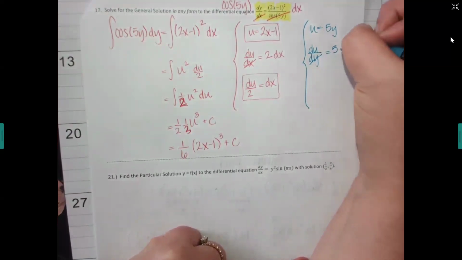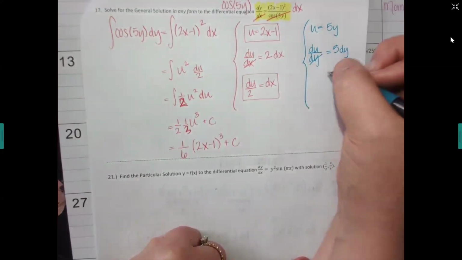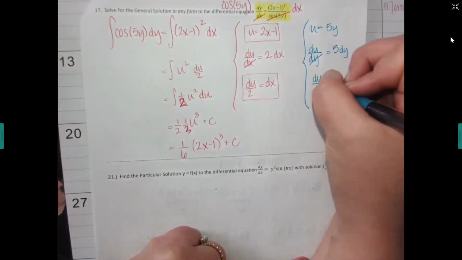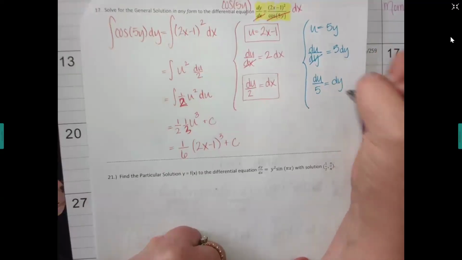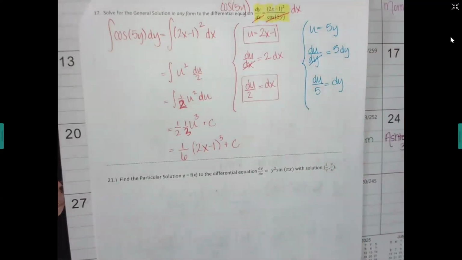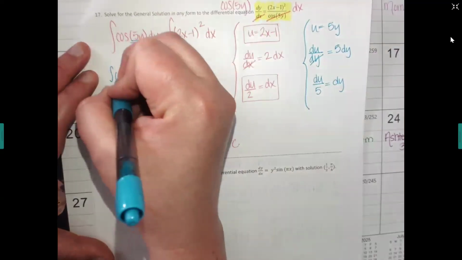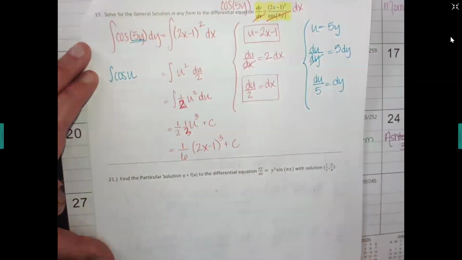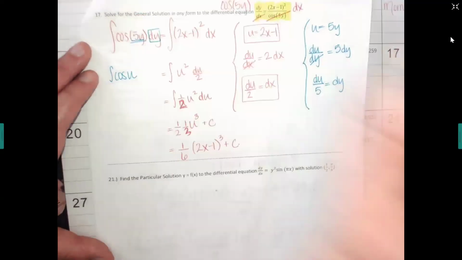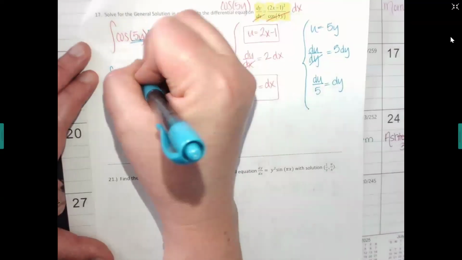Then I'm going to multiply the dy up, divide the 5 down, so that a du over 5 is going to replace the dy on the left-hand side. So my cosine 5y is now a cosine u. And my dy is now a du over 5.